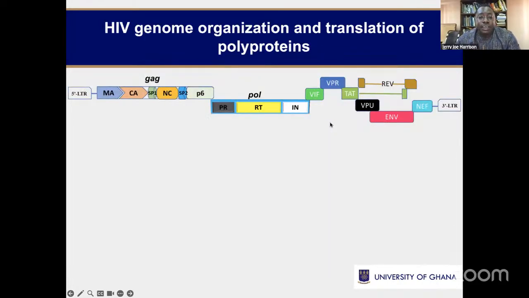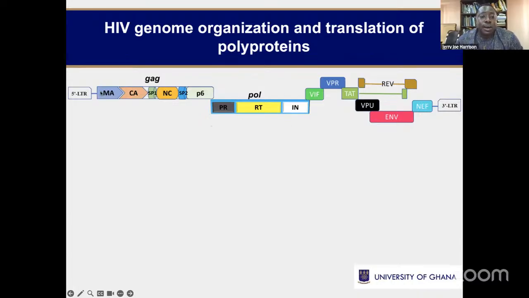If you look at the HIV genome, it's very interesting. There is a single genome for all the proteins that are encoded. At the 5' end are the structural proteins, we call them GAG, and at the 3' end are the enzymatic proteins, we call them POL.